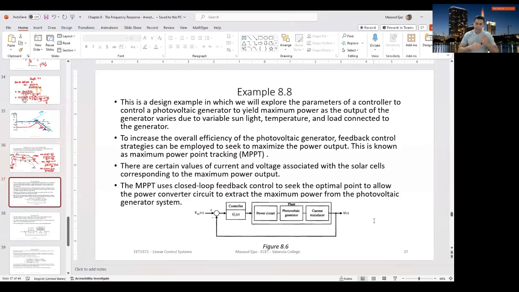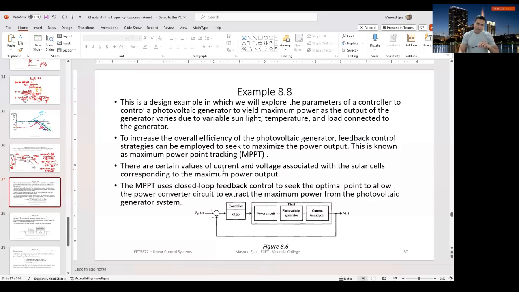So of course, we'll have to change the controller parameters in order to change the power control circuit that is controlling the cells, in order to extract the maximum power from the photovoltaic generator. This circuit is called the maximum power point tracking circuit, and there are certain values of current and voltage associated with the solar cells that are required for the maximum power output.